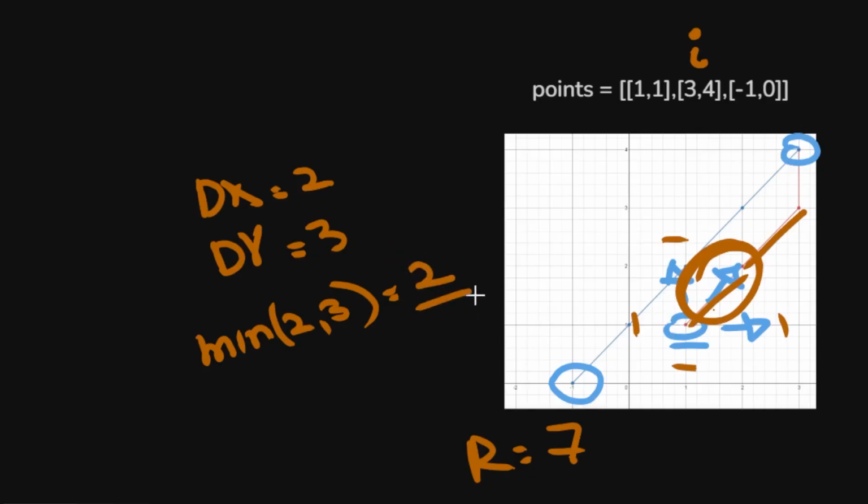So now we are moving diagonally as much as we can, and then we need to move up 1 step. So what we can do here is take the maximum number among these 2, which is 3, and subtract the steps that we are giving right now. And 3 minus 2 is 1.